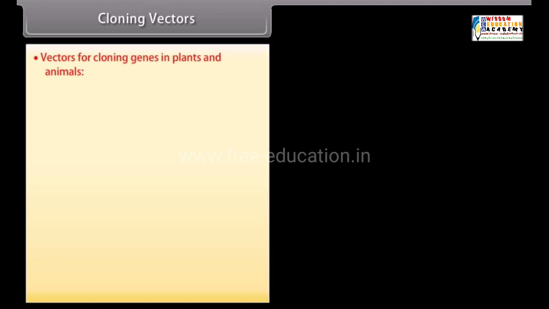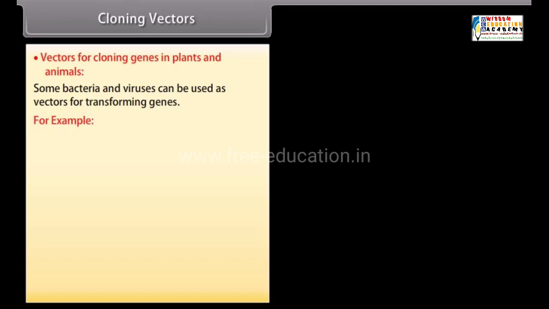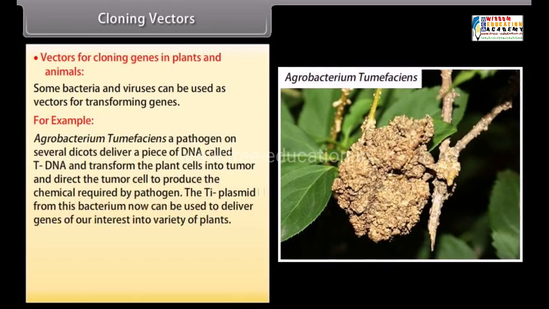Vectors for cloning genes in plants and animals. Some bacteria and viruses can be used as vectors for transforming genes. For example, Agrobacterium tumefaciens, a pathogen on several dicots, delivers a piece of DNA called T-DNA and transforms the plant cells into tumor cells and directs them to produce the chemicals required by the pathogen.